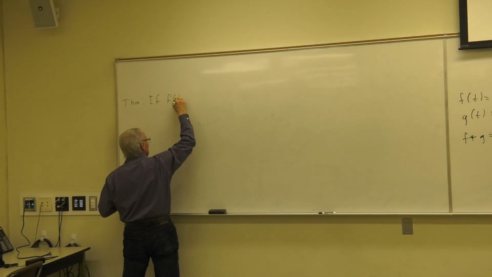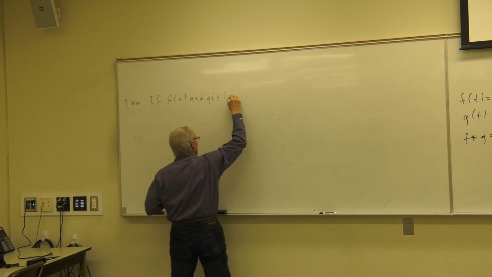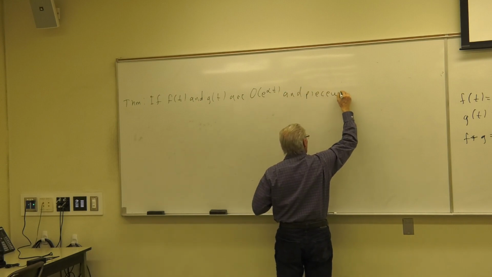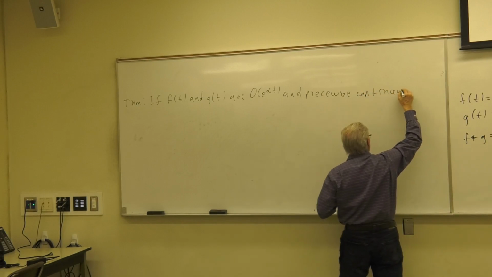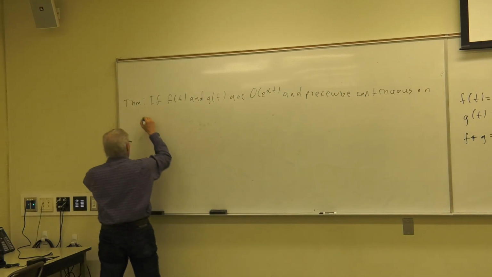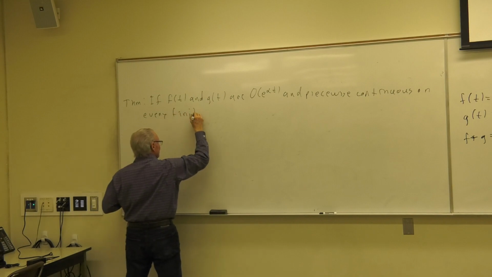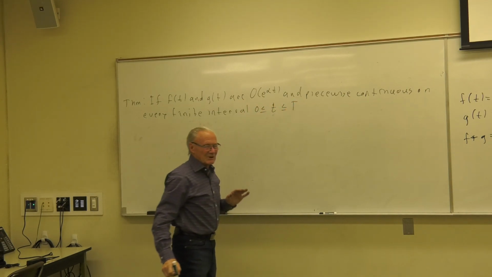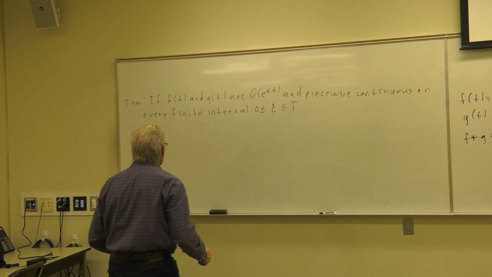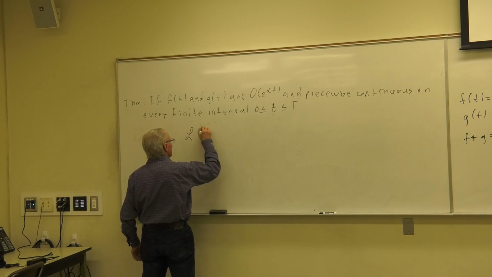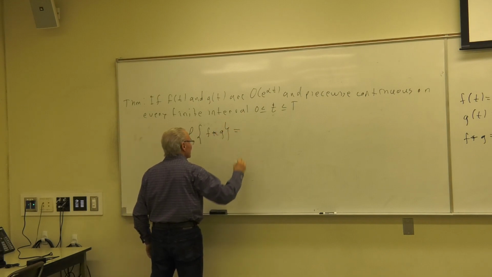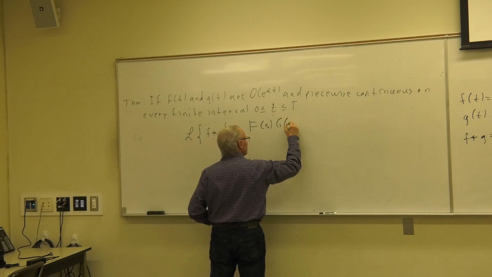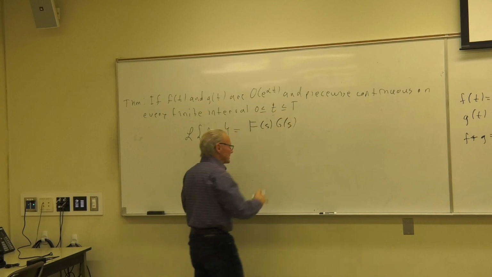If f of t and g of t are both of exponential order alpha and piecewise continuous on every finite interval, remember, these were the conditions that guaranteed existence of a Laplace transform, then the theorem says that the Laplace transform of the convolution of f and g, so if you took that convolution and you took its Laplace transform, you would get the following, where that's the transform of that guy, and that's the transform of that guy.